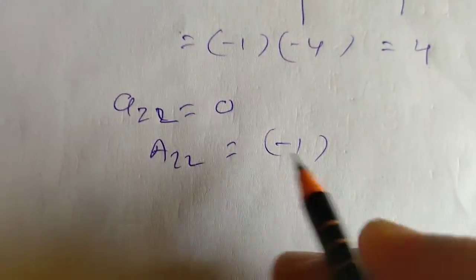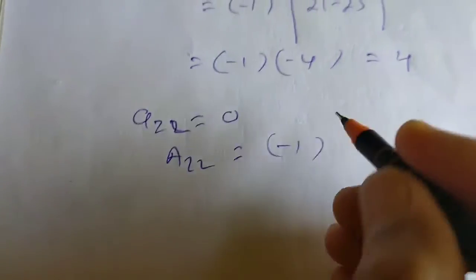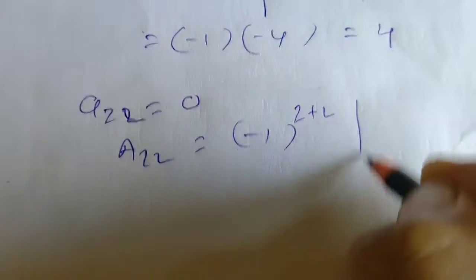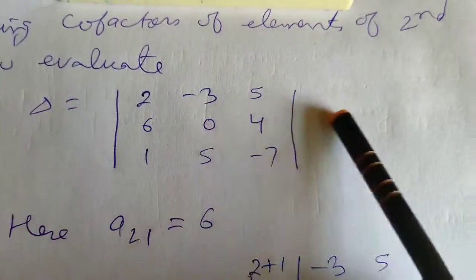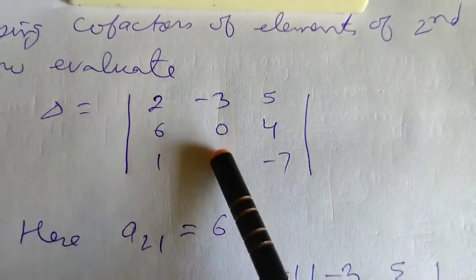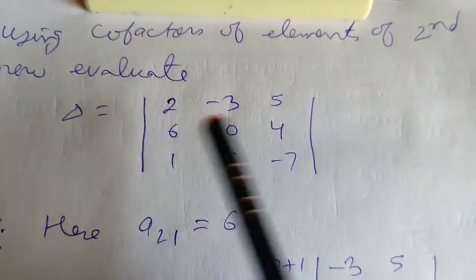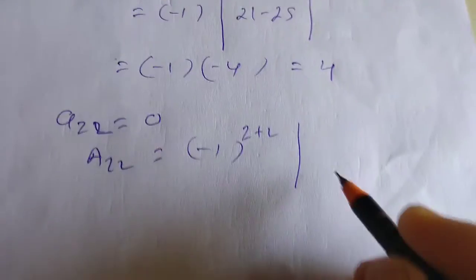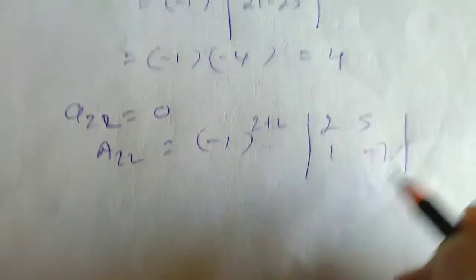Every time you write minus 1 raised to the sum of the i and j position, that is 2 plus 2, and the determinant. What is the determinant? As I told you, cancel out the row and column of the element 0. So 2, 5 and 1, minus 7.